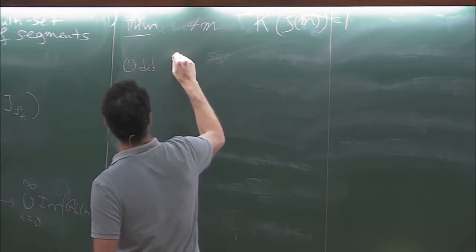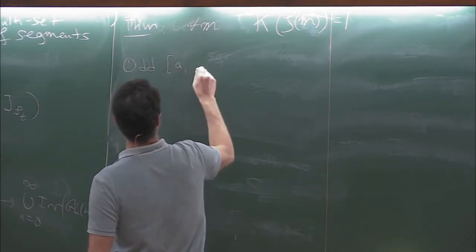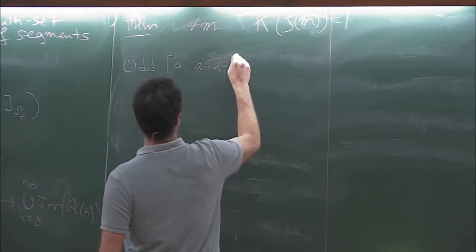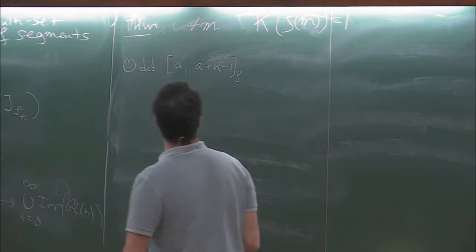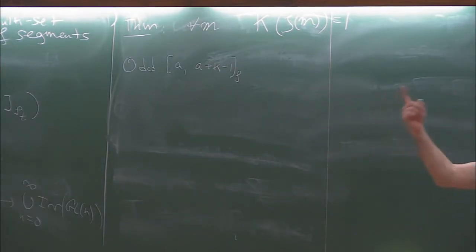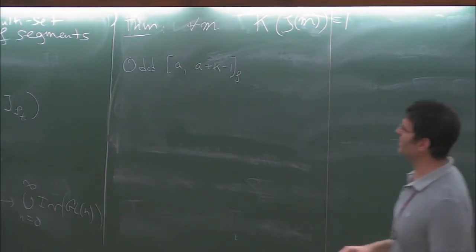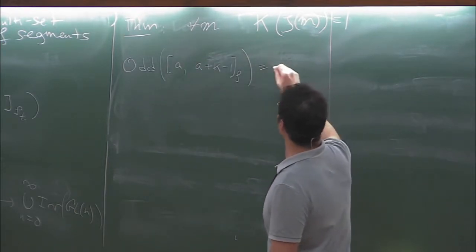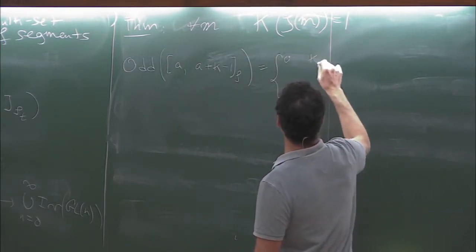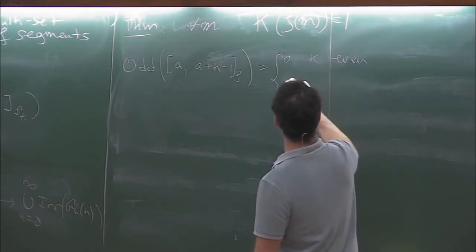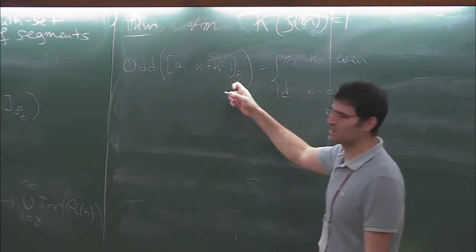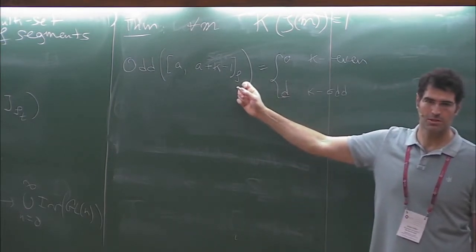So the odd part of a segment, let me write the segment to be of length k instead of k plus 1 as I wrote it earlier. So the odd part of a segment of length k is 0 if k is even, and it is d if k is odd. And remember, d is such that rho is a representation of GL_d.